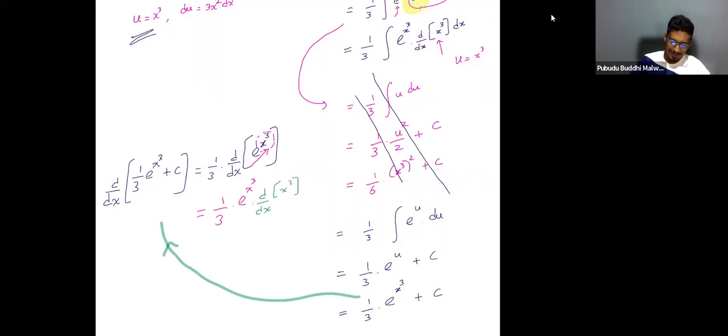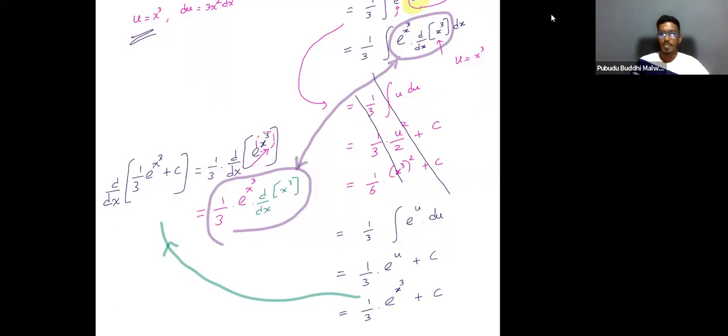Now, if you observe these two, this one and this part, I think you can understand the idea behind u substitution.